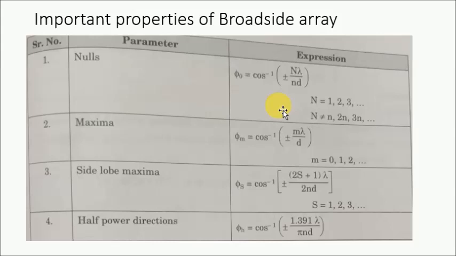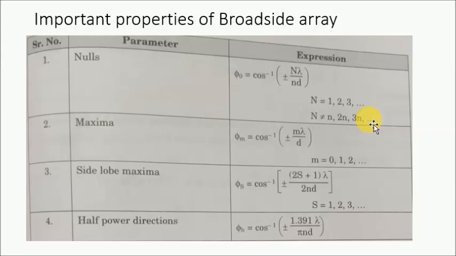So we have the nulls, that is the null directions, and we have the expression phi 0 equals cos inverse of plus minus capital N lambda divided by small n d, where capital N varies from 1 to 3 onwards, and if you see the condition here, the integer multiple of small n should not be equal to capital N. Now if I put the value of beta, which is nothing but 2 pi divided by lambda, then we have the expressions here.